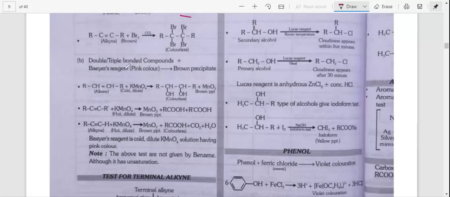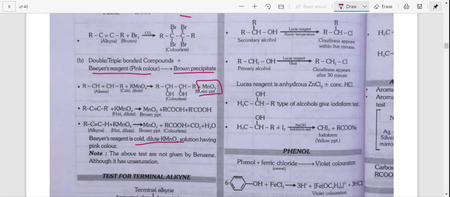Next, double or triple bonded compounds plus Baeyer's reagent, which is pink in color. Baeyer's reagent is nothing but cold dilute KMnO4 having pink color, and it gives a brown precipitate when it reacts with unsaturated compounds. For example, alkene plus cold dilute KMnO4 gives a colorless compound like RCHOH-CHOHR plus MnO2, the brown precipitate.